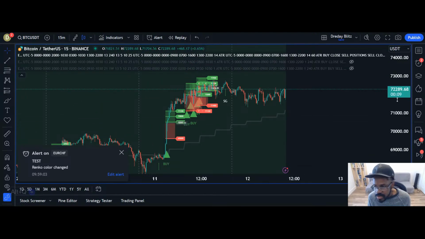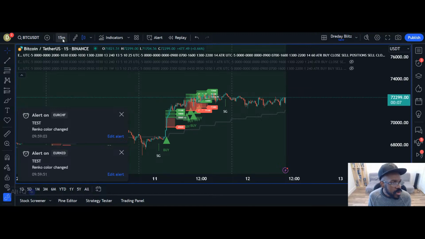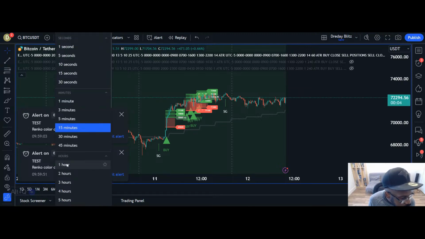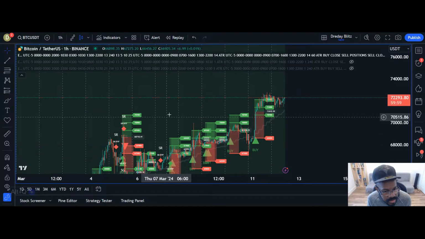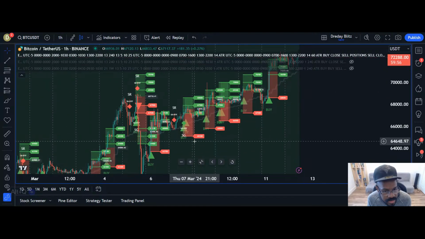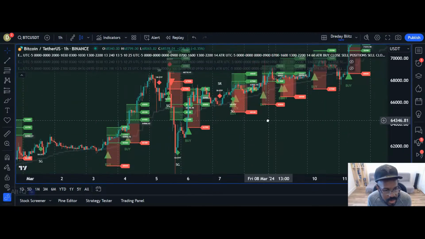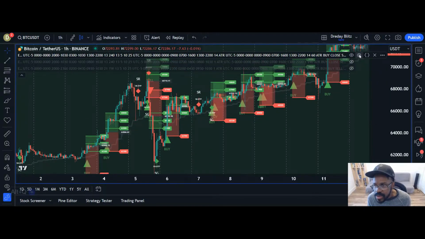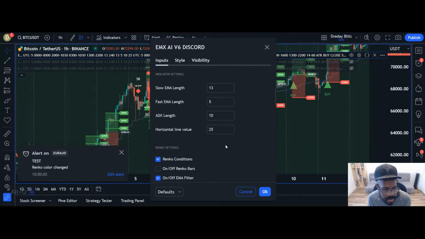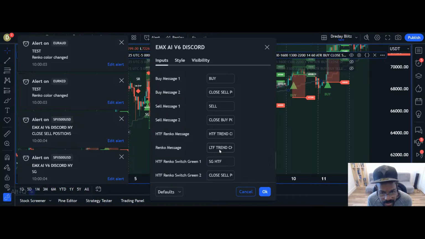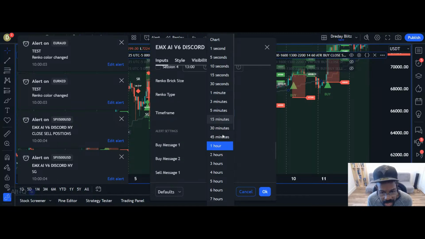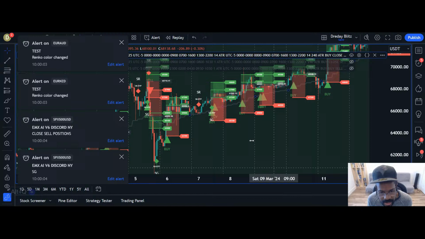So as you can see, I'm just gonna put it on a 1 hour and show you exactly Bitcoin. So if we put it on the 4 hour Renko, you're going to see that if you had the indicator, you would know exactly when to get in the market.